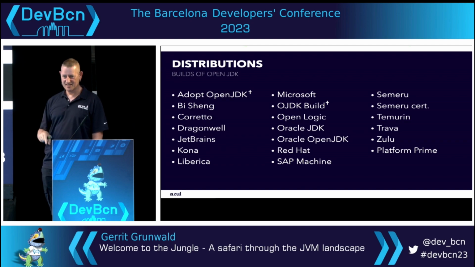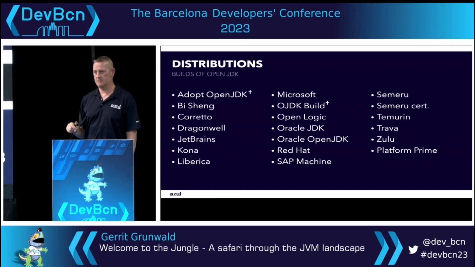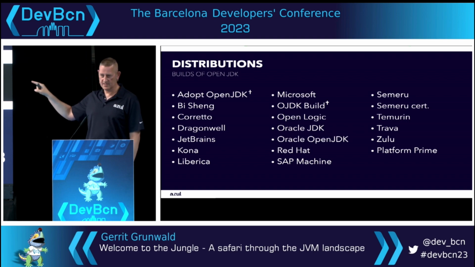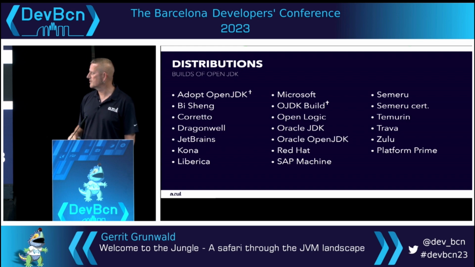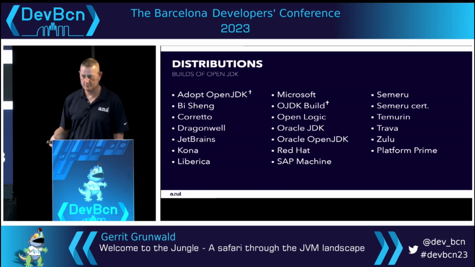This project died with 1602. There's no support anymore for this thing. You should really not use it, right? The other one is OJDK build. This is the community build of the Red Hat JDK. And this also is dead now. I think from 17.0, I don't know the version number, maybe 17.03, but they stopped building it.